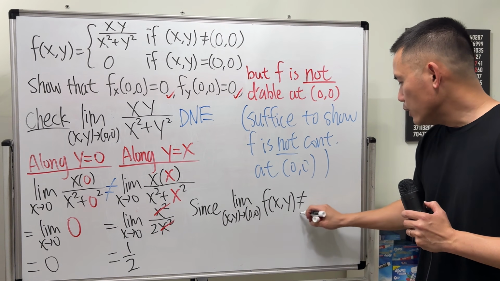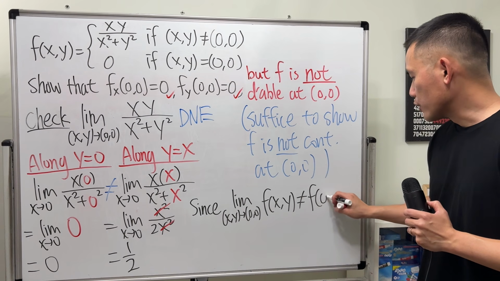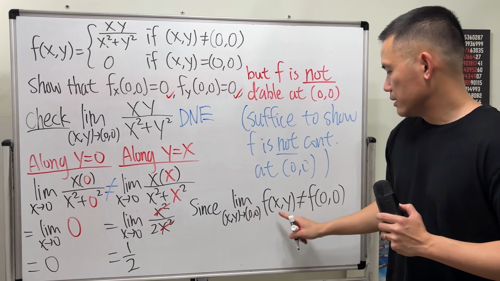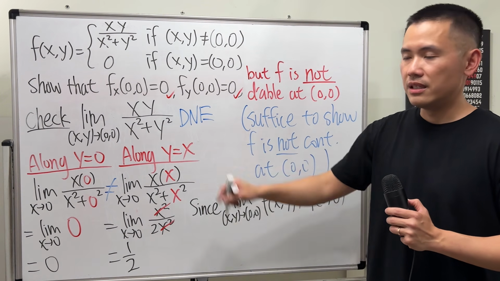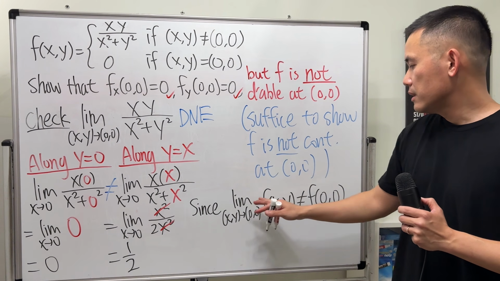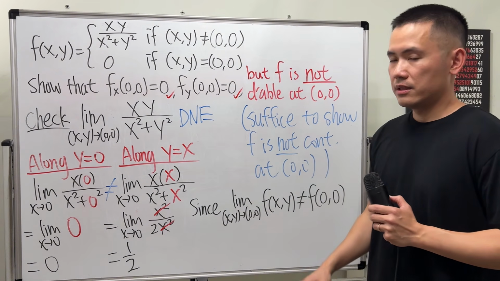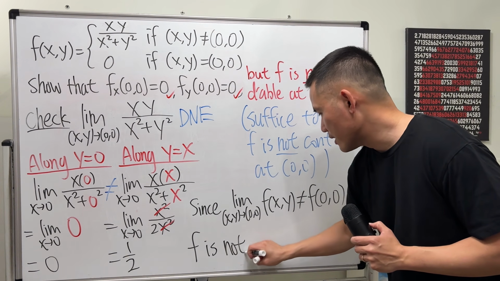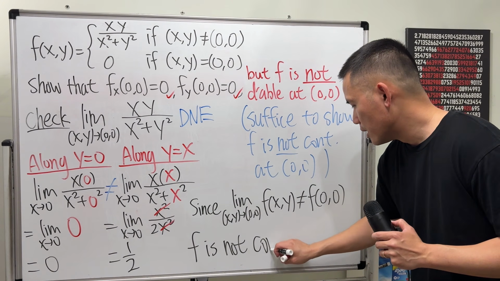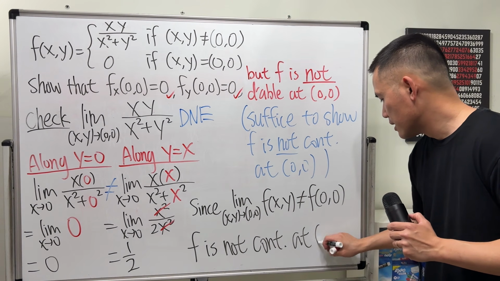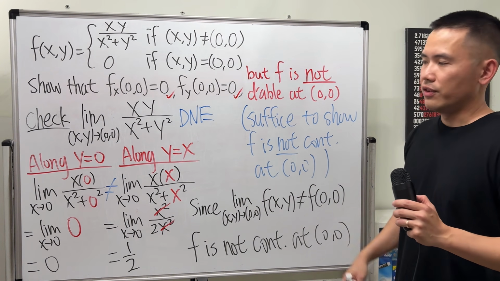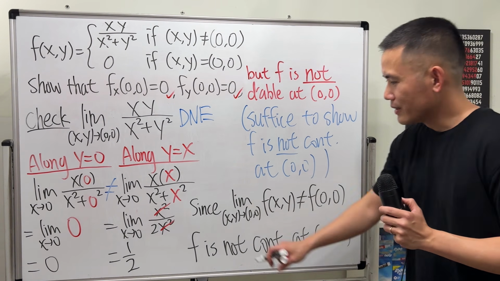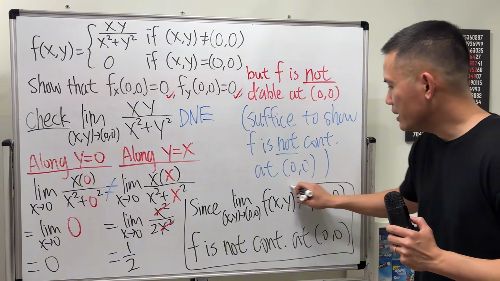This is not equal to the value of the function at (0, 0), because this here is 0, and the limit here is really bad, it's DNE. So the limit does not equal the value. That means we can say f is not even continuous at (0, 0). If it's not continuous, don't even think about differentiability. So that's the conclusion. Be really careful.